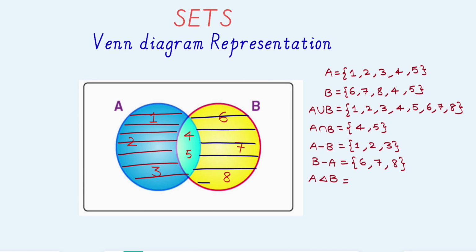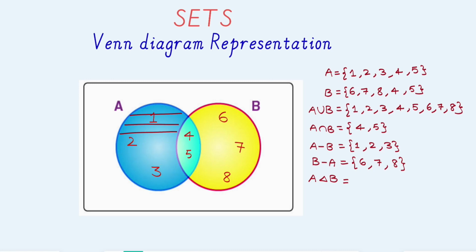We will not take the elements of A intersection B, which are the common elements. Except the common elements, all the remaining elements we will take in the symmetric difference of A comma B. Hope you understood this one also.